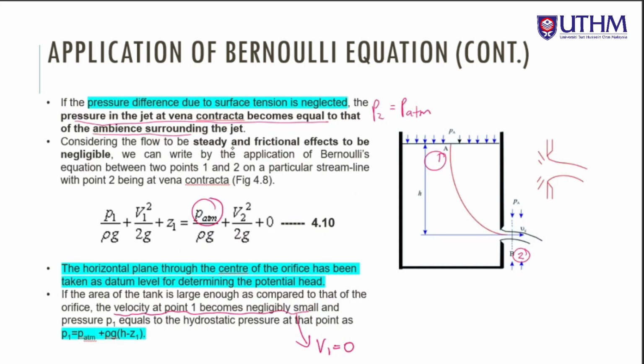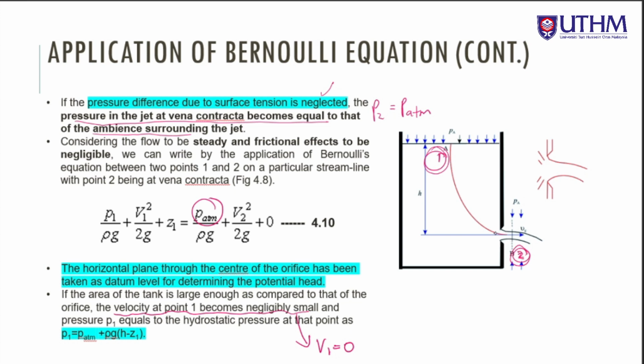Okay, so if the pressure difference due to the surface tension is neglected, the pressure in the jet at vena contracta becomes equal to the ambient surrounding the jet. So that means if we consider two points here: one point at the top, one point outside, where it exits from the orifice.